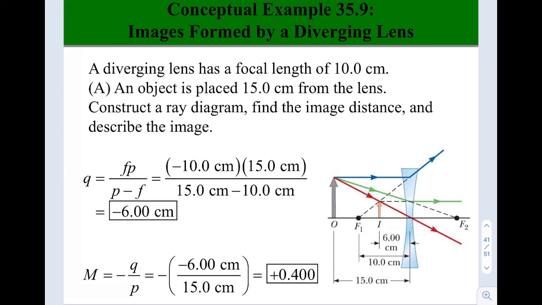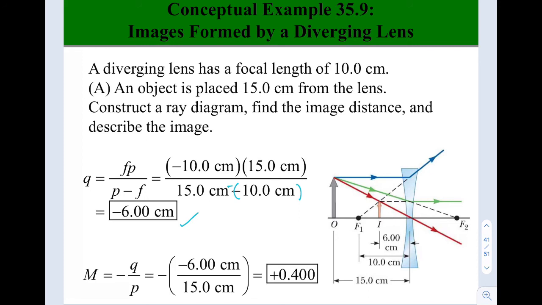So now find the image distance. Using the equation, substitute 10 cm and 15 cm. However, for the f, we have to put a negative sign because it's a diverging lens. Therefore, this is actually minus negative 10 cm.